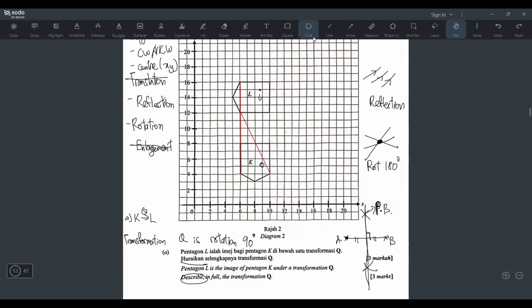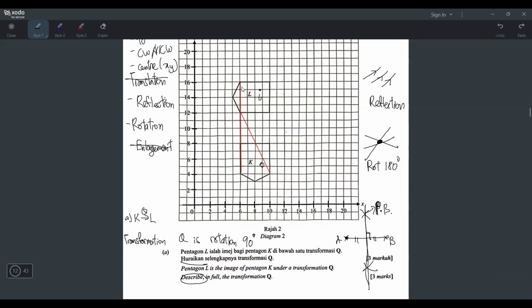Okay, can you tell me how can I draw the perpendicular bisector for this line? Do you need a compass? Actually, no, right? Because this line is a vertical line. And if it's a vertical line, garisan yang tegak macam tu, you can just draw the perpendicular bisector easily. And how to do that? Let's find the middle first.